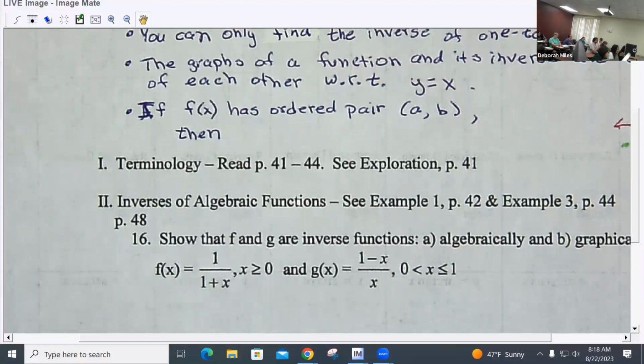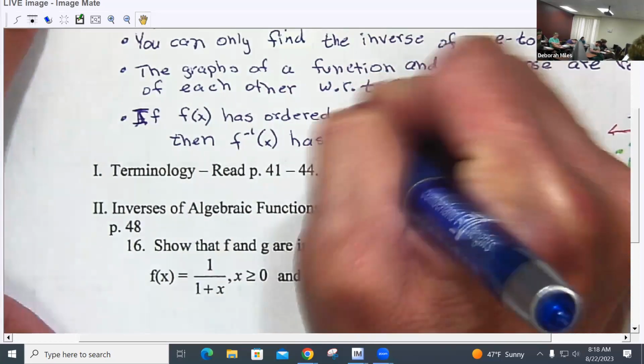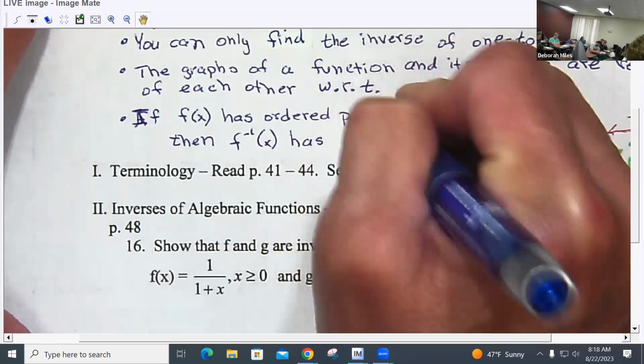I don't like one symbol that can mean two different things depending on how you're using it, but that's the way it is. So I can say if f has the ordered pair AB, then f inverse has the ordered pair, I'll just shorten this, BA.